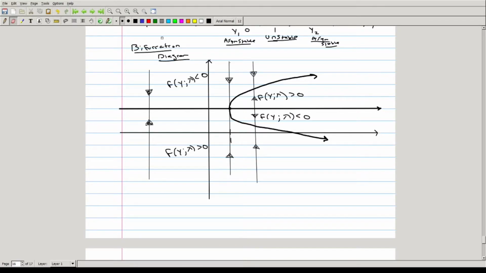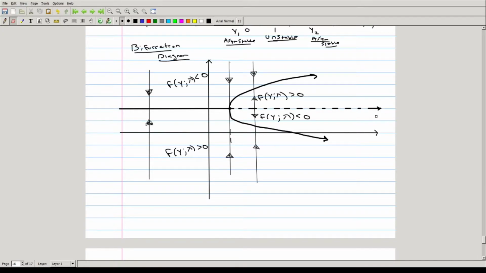So following the convention that we introduced before, this now becomes a dotted line, or a dashed line, because this line is representing an unstable critical value or equilibrium point of our differential equation.